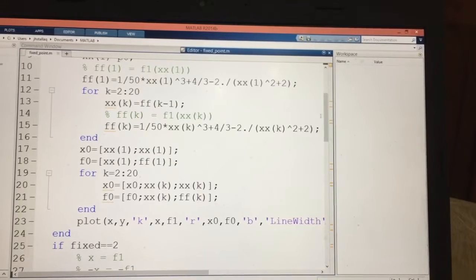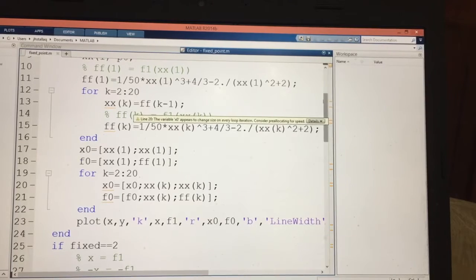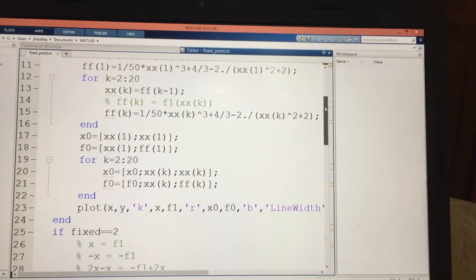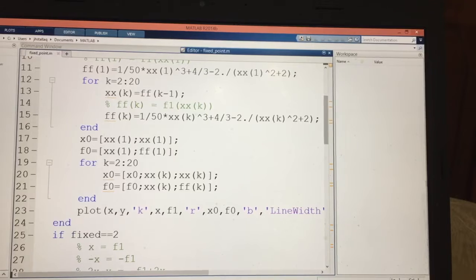That depends on the significance or the error. If you achieve a good tolerance within 20, fine. If you want to reduce that tolerance, then you can go, say, 25 or 30. You can experiment with that. Then, after we do that, we are creating vectors, the iterations xx and ff, depending on f1.